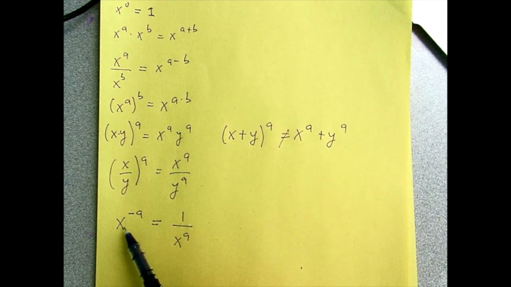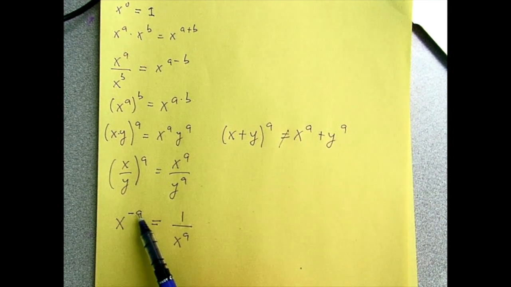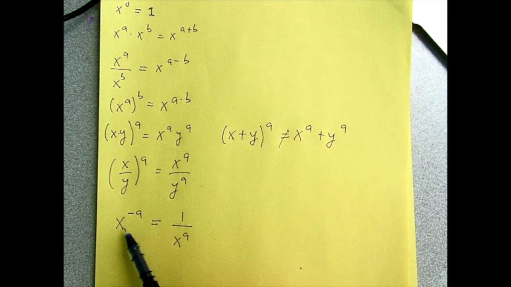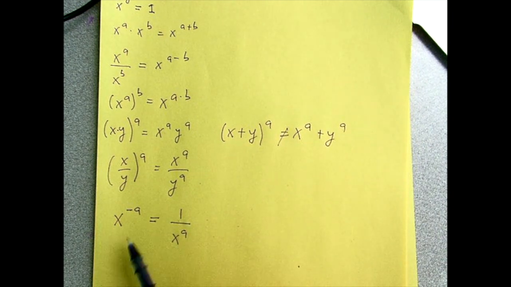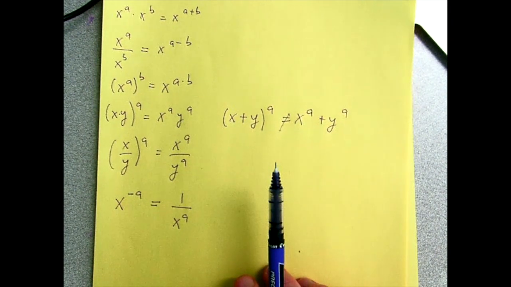If you have an object raised to a negative exponent, then what that means is you put that object, the x in this case, in the denominator of a fraction, and you make the exponent positive. But as we'll see, this rule doesn't really fully describe the behavior of negative exponents, I don't think. I think it's a bit more complicated than this rule is letting on.